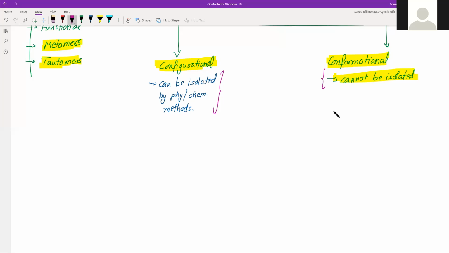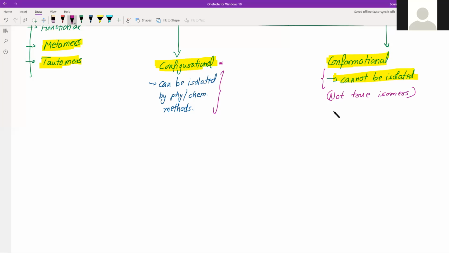So that's why they are also called not true isomers. So we are limited to this configurational and the 5 on this side. I think we should finish with conformational first, because that is very easy to understand.